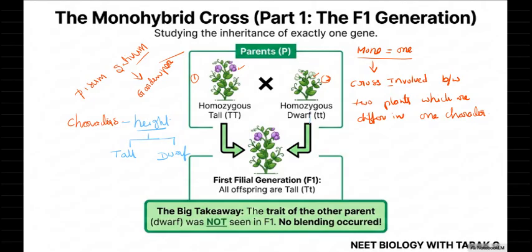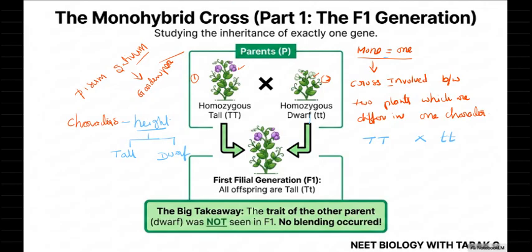What cross do we call a monohybrid cross? Got it? Now see, here is the tall plant. It has a capital T, and this is called the genotype, the genetic makeup.